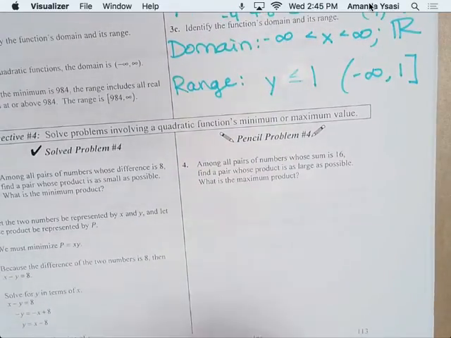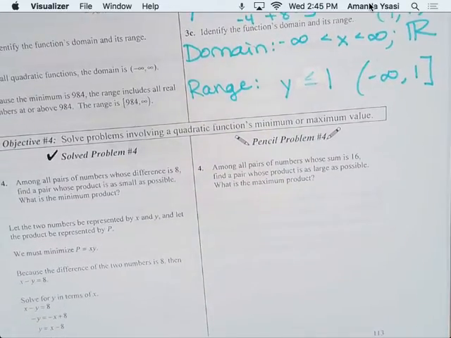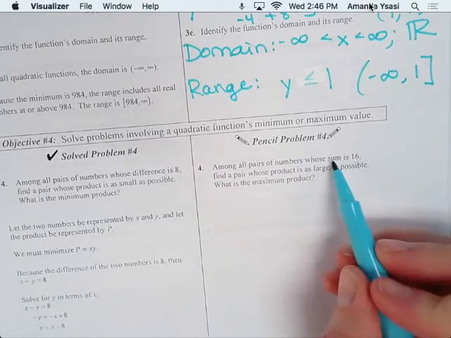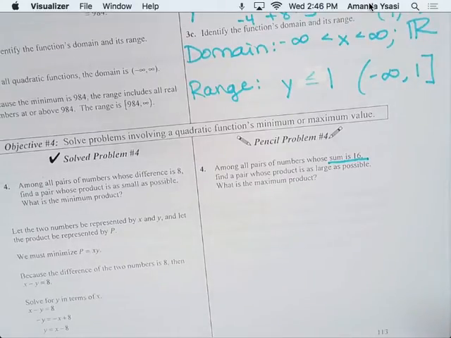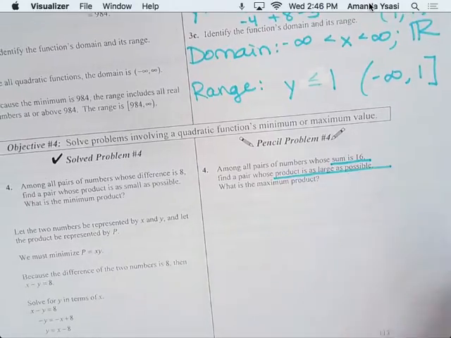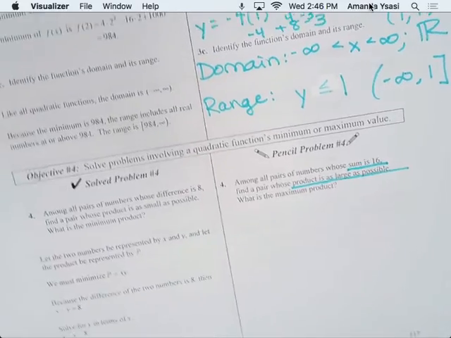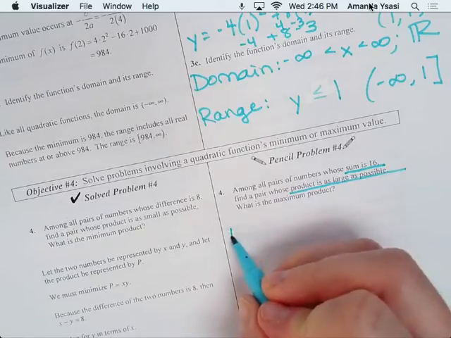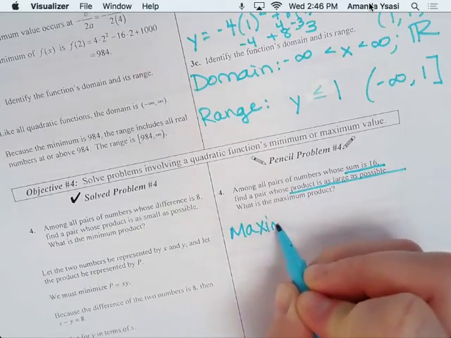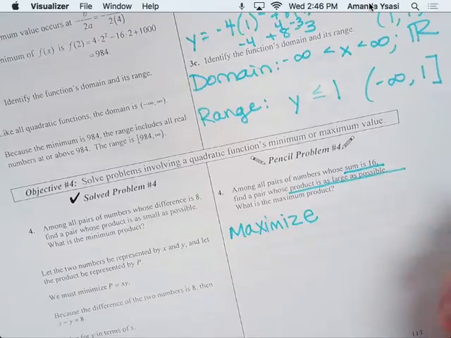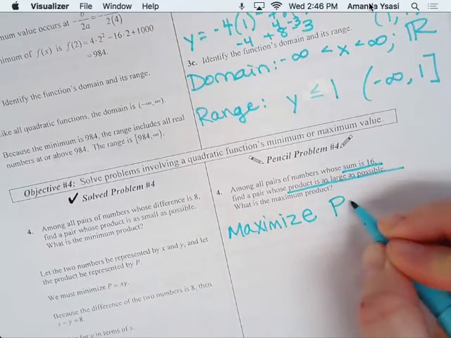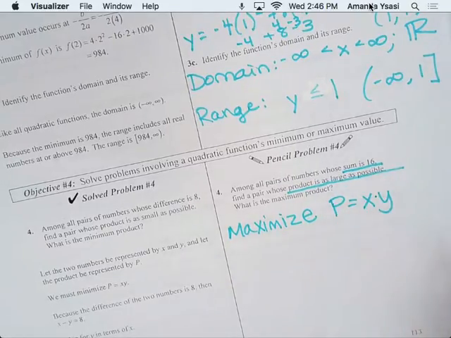Okay, number 4. Among all pairs of numbers whose sum is 16, find a pair whose product is as large as possible. What is the maximum product? So having a sum of 16, we want the product to be as large as possible. So we want to maximize P of x times y.